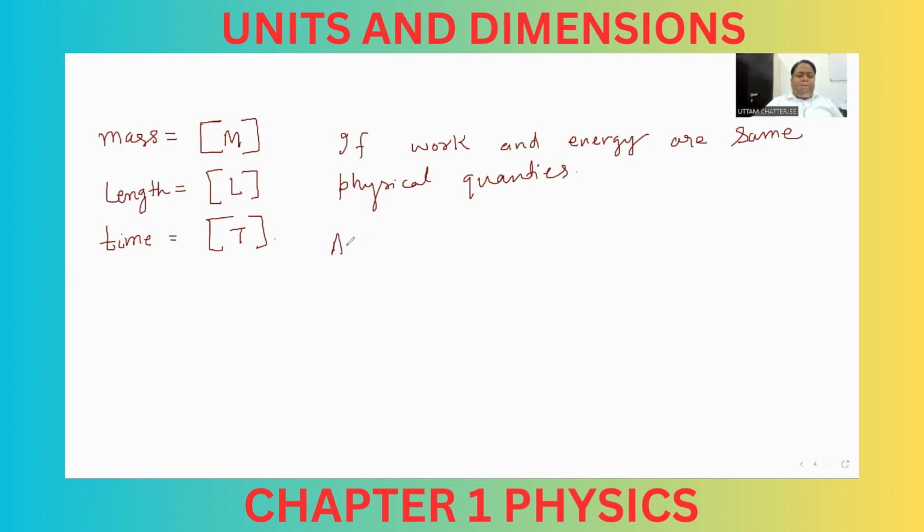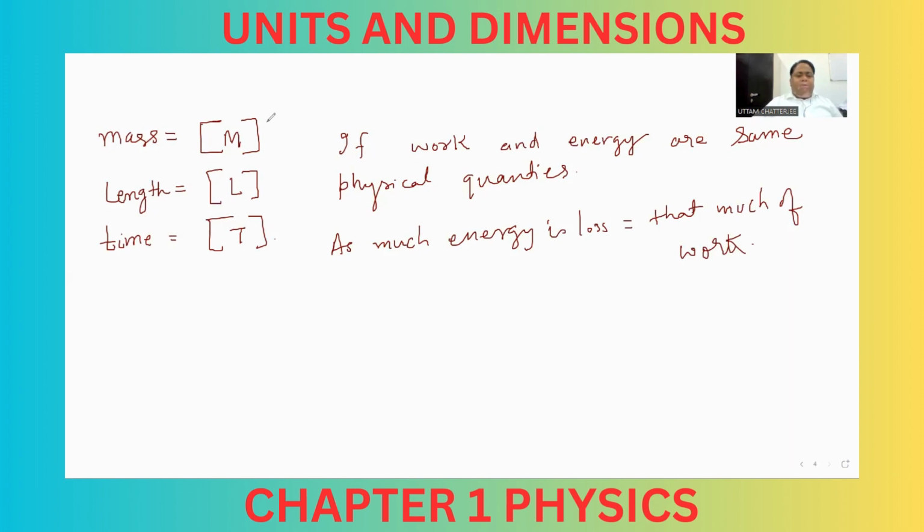So as much energy will be lost, that much will be the work done. But how can we prove it? Using the physical quantities denoted by mass, length, and time.